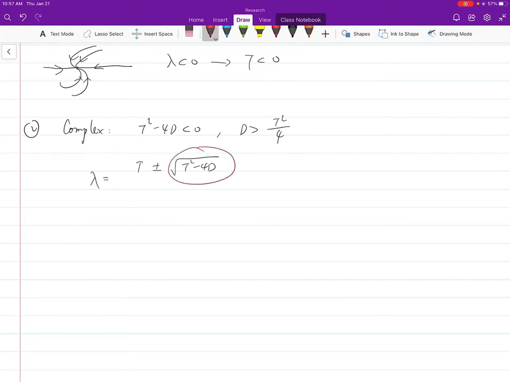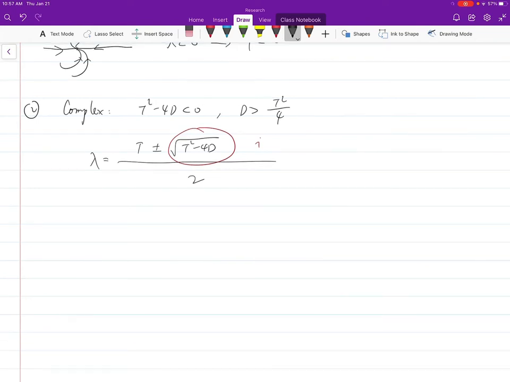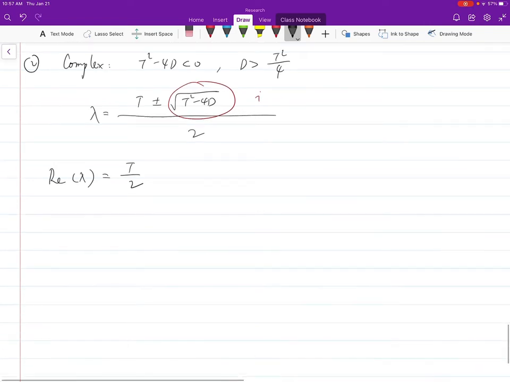We already know this part gives us the imaginary part, so it's the i, because it's less than 0. Okay. Then from here you can see the real part really is just t over 2. And the other part is the leftover, but it only tells you the imaginary part.